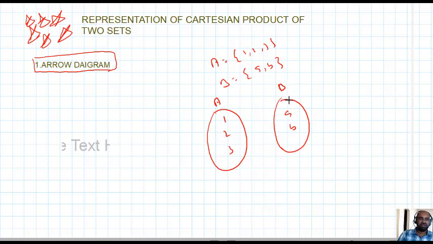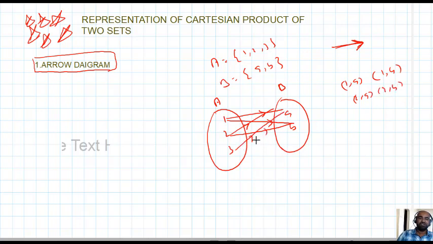What the arrow diagram is saying is arrows. This is one arrow, no? Using arrows you want to write A cross B. Okay. So 1 pairs with a, giving one ordered pair (1, a). 1 pairs with b, so another ordered pair (1, b). 2 pairs with a, so that is (2, a). 2 pairs with b, another ordered pair (2, b). 3 pairs with a, one ordered pair. 3 pairs with b, another ordered pair.